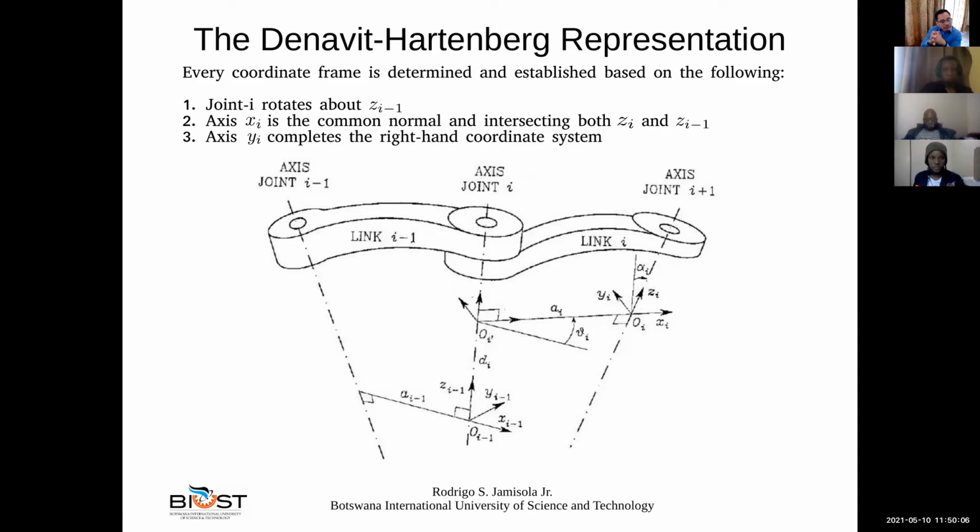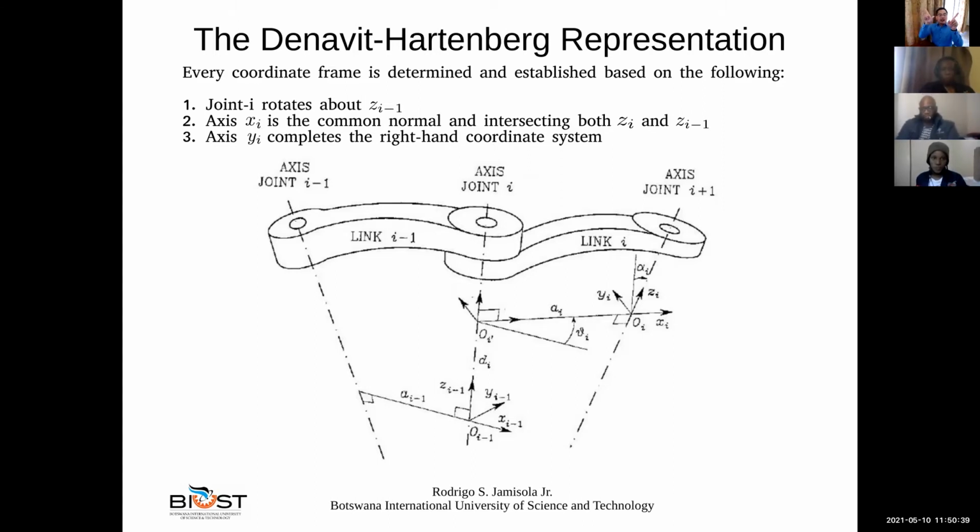Once we follow that convention, voila, we know exactly where the joints are, and we know the frames are exactly placed like that. Once they're placed like that, we can compute already the transformation matrix. There are parameters that will define the transformation of one frame with respect to the other.